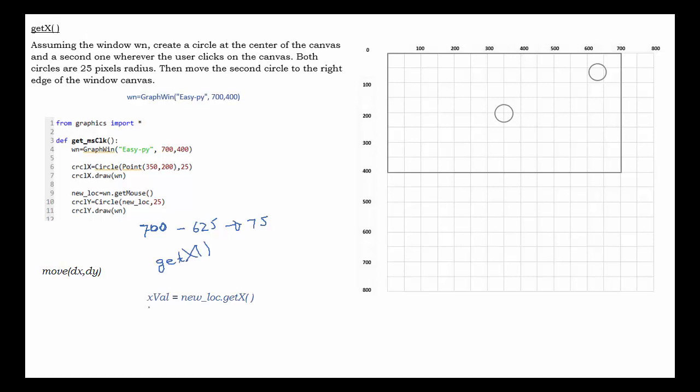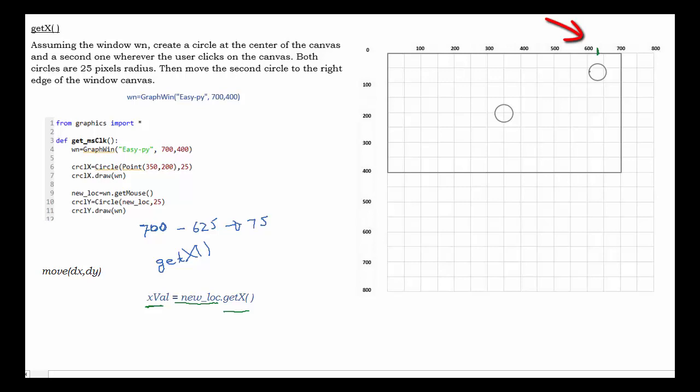The statement below will tell us where the object is standing in relation to the value of the number of pixels along the x-axis. In other words, the new_LOC object stands somewhere and the getX method will return a number, and that number will be assigned to the variable, we named it xval, and that will be where the object is standing along the x-axis.